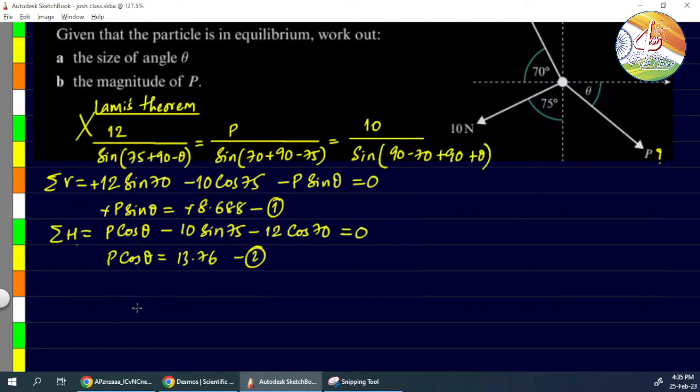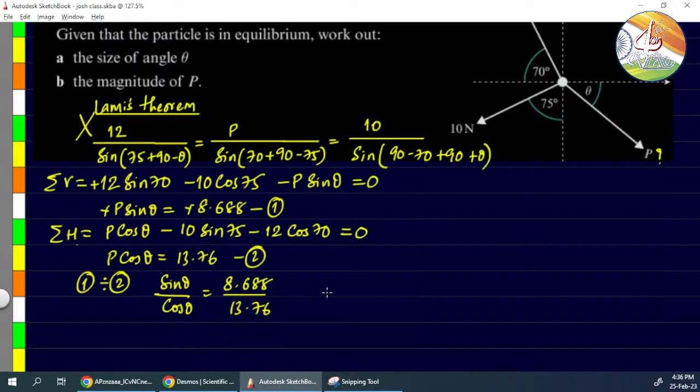How can we find it? If we divide equation 1 by equation 2, P and P will cancel. Sine by cos on the left side. On the right side we get 8.688 divided by 13.76.